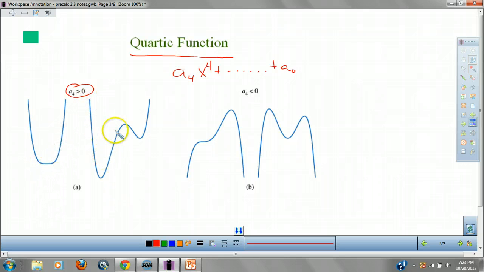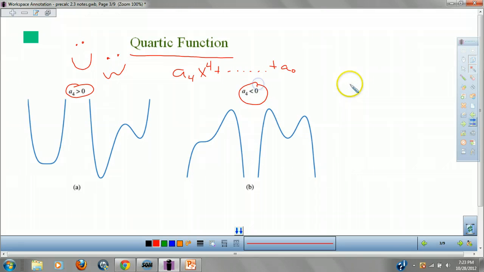Or you have it with 1, 2, 3 curves. Remember how the cubic had 2? Quartic has 3. So if you had x to the 5th, you could have 4. It's 1 less than whatever power that is. So it opens up if that's greater than 0, because greater than 0, you're a happy person.